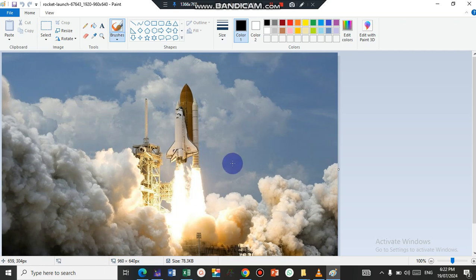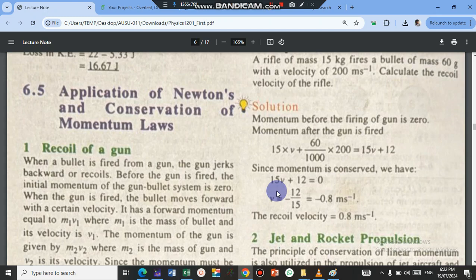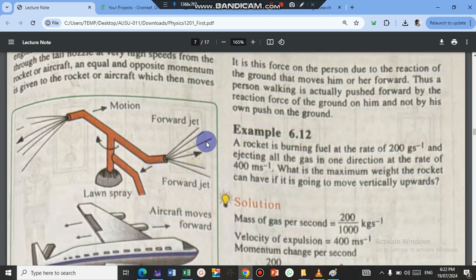This is an application of conservation of linear momentum and of Newton's laws of motion. Okay, let's go back to the material.